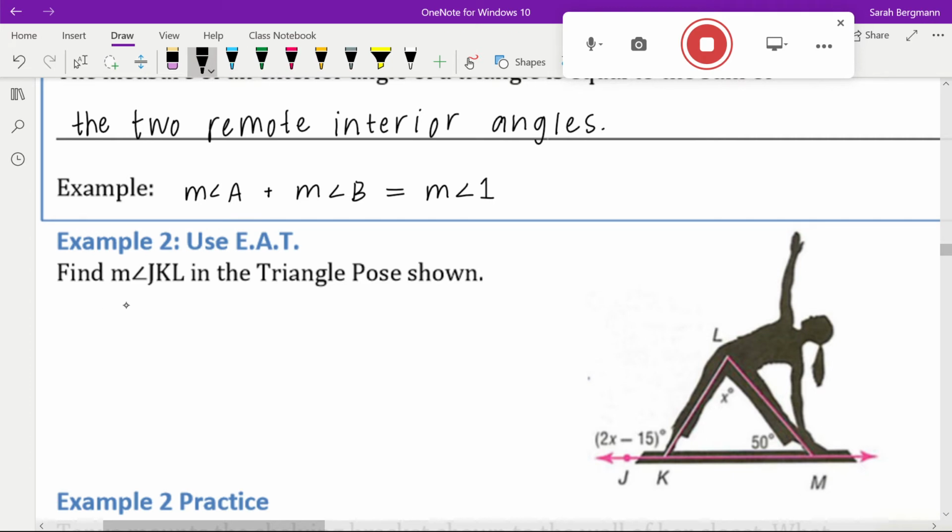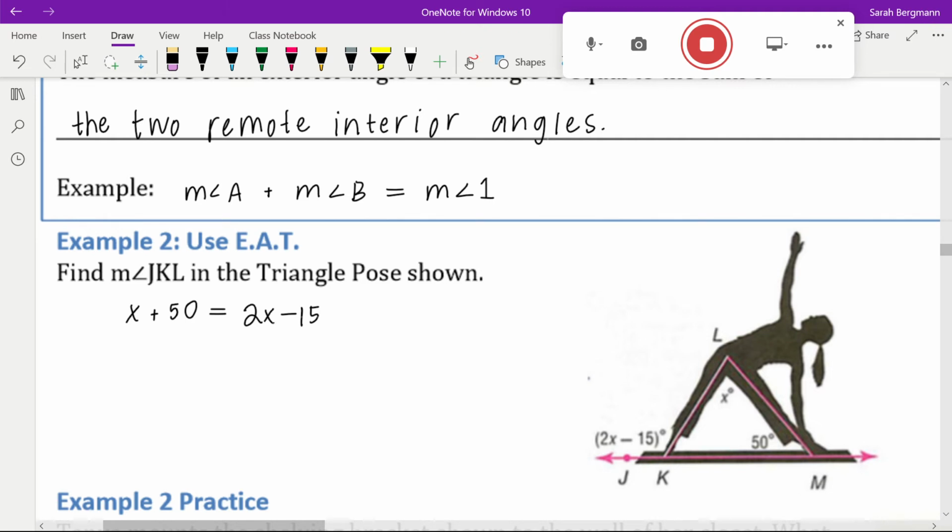Therefore, I know that the two remote interior angles must have a sum of whatever the measure of angle JKL is. So I'll take x plus 50, and I know that that should add up to 2x minus 15.